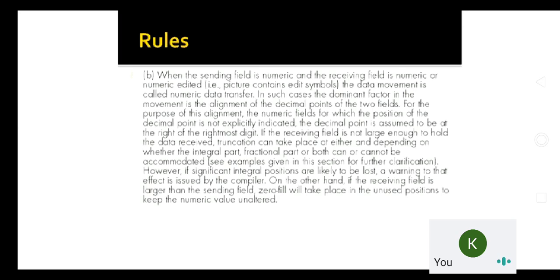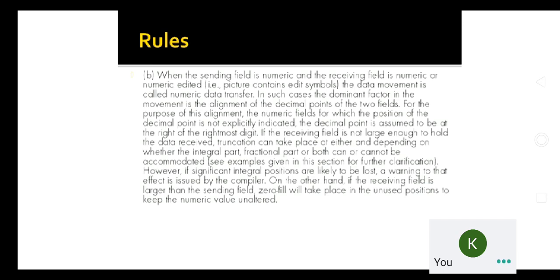Truncation in the sense is deleting some of the positions in the value. So you have two options: either it will be blank filled or zero filled, or else it truncates the value. These are the two options that we get while the sending field and receiving field sizes are mismatching.